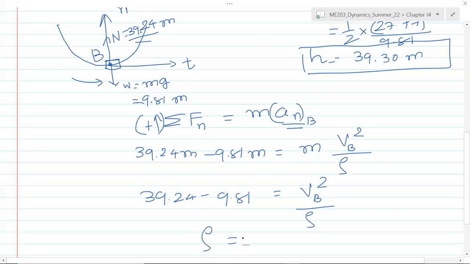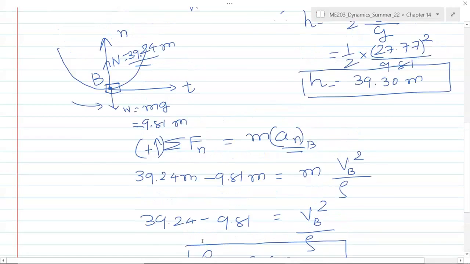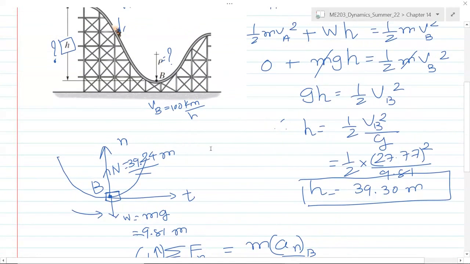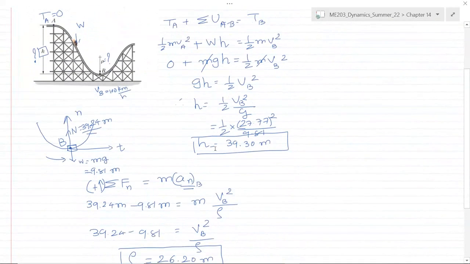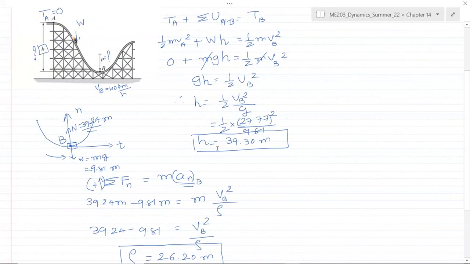So we can calculate the radius of curvature using this formula, and that will be 26.20 meters. So we got our second answer as well. We applied the work-energy concept between A and B and calculated the height, and we applied the normal-tangent coordinate system and equation of motion at B and calculated the radius of curvature.